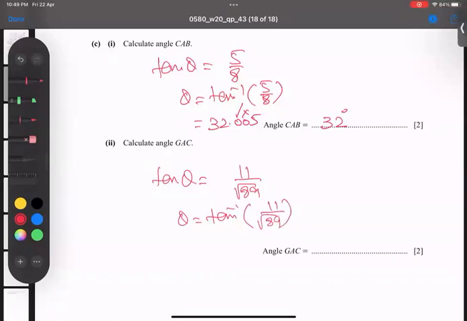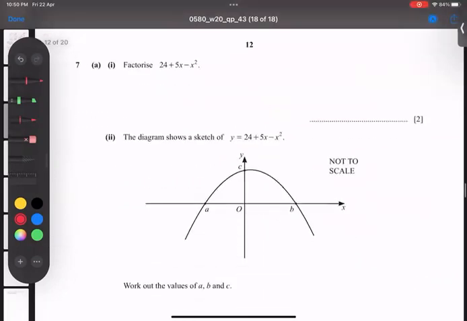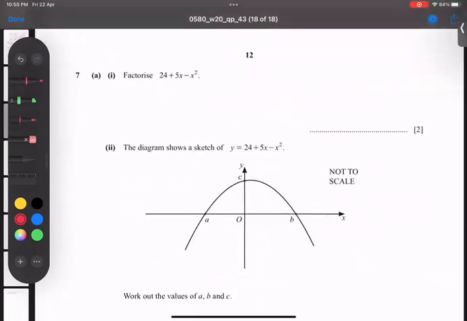When I take tan inverse of 11 divided by √89, the answer turns out to be 49.38. And you know, I don't want that, so round it off. So 49.4 degrees. Done.